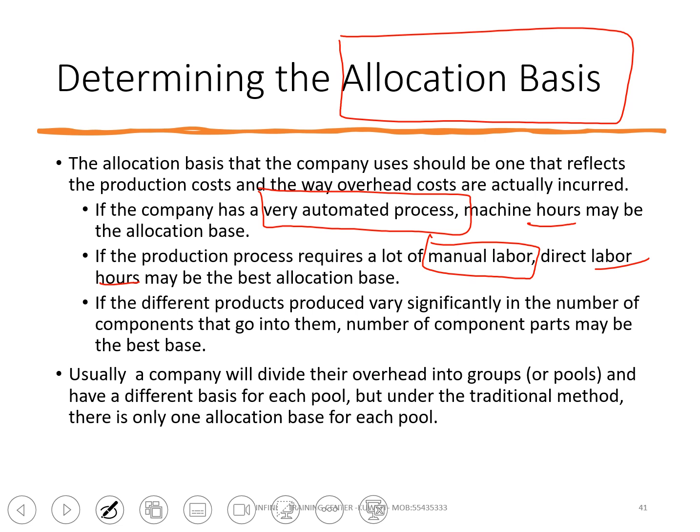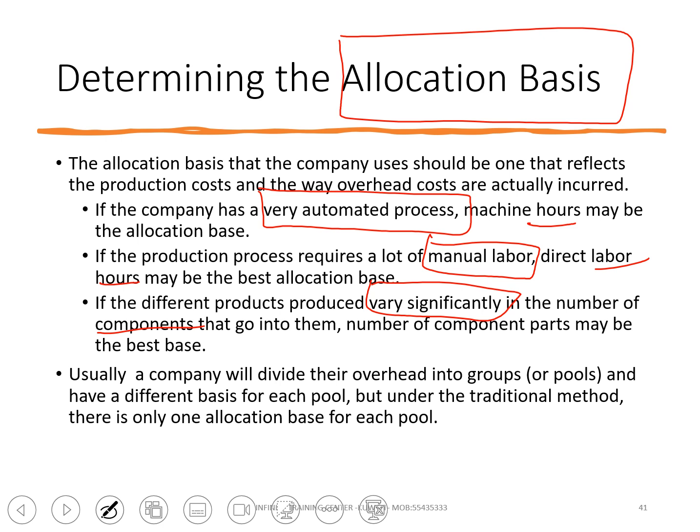But in another situation, you don't have many machines, and more of the work is done by laborers. So how will you allocate the labor cost to the multiple products? It is going to be based on how many labor hours were spent on each product. If the different products produced vary significantly in the number of components, so you have different products using multiple components, how will you allocate the total cost?